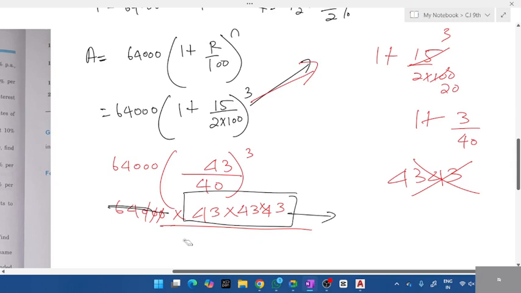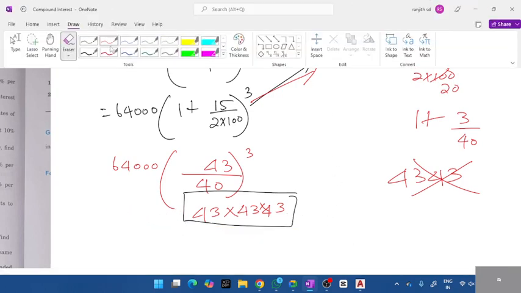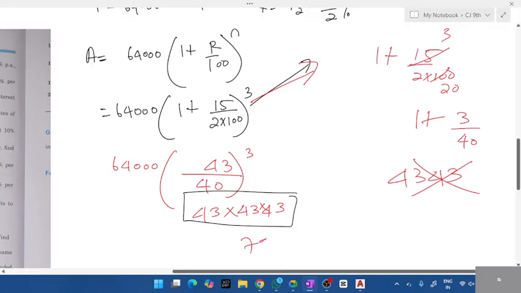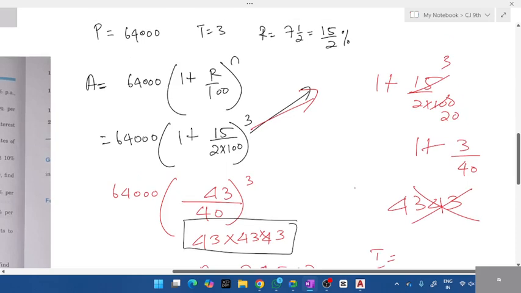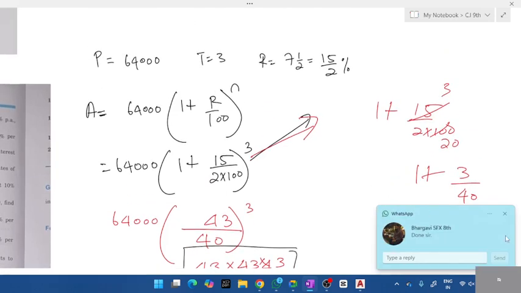Good. 79,507. Here, Angel, what did you get? Okay, 79. Amount. Calculate interest. Amount minus principal. 79 minus 64.